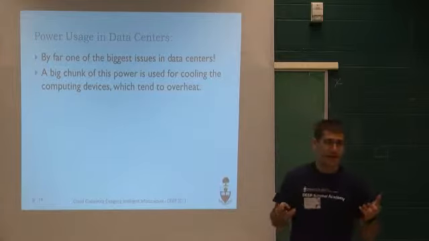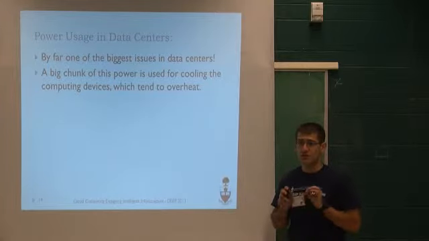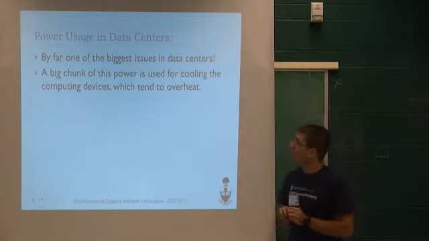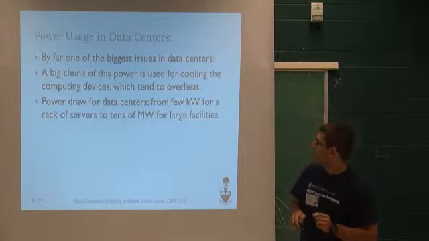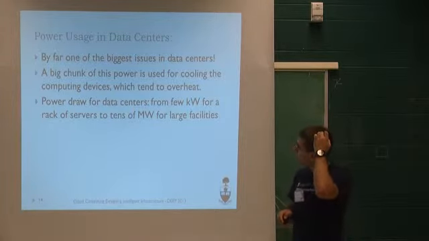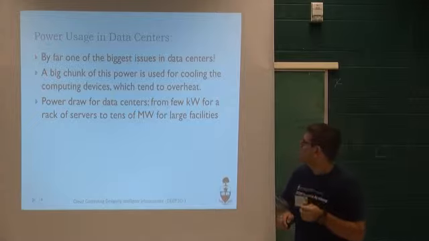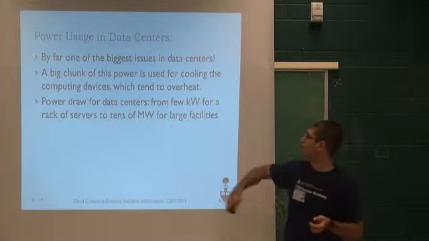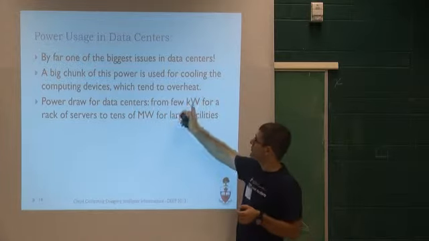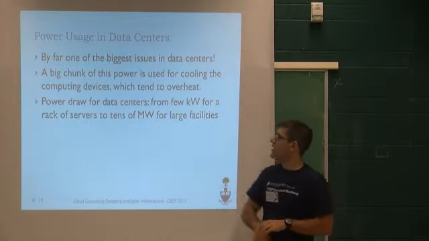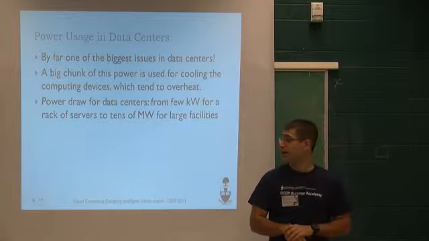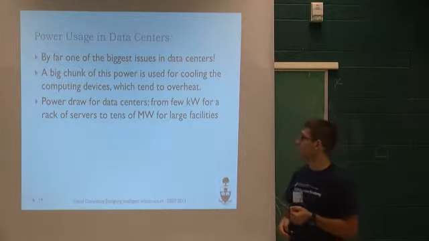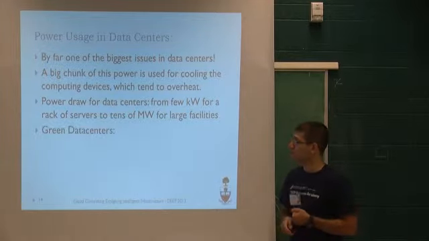That's a huge, huge cost just to cool it down. So depending on how big the facility is, the power would go from a few kilowatts to tens of megawatts.